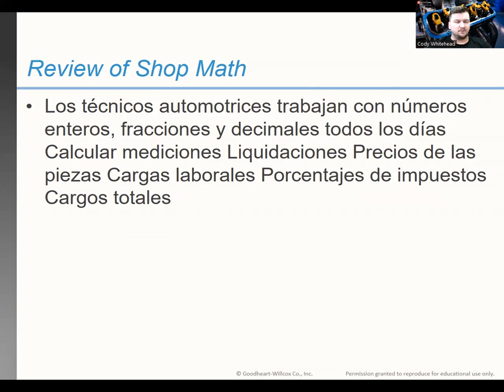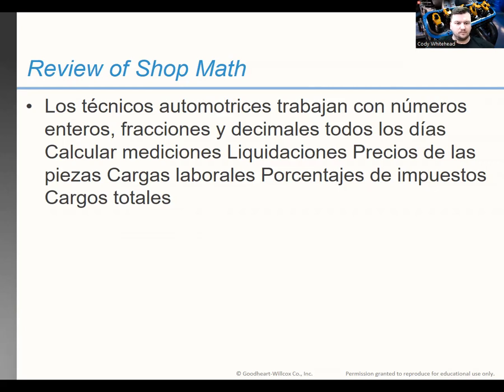When I was doing AC work, I had to do a lot of different conversions, figuring out how much refrigerant I had to put in the vehicle because the vehicle specification was different sometimes than what the machine read. And so I have to do a conversion or something like that and do some math to figure it out, and things like that.